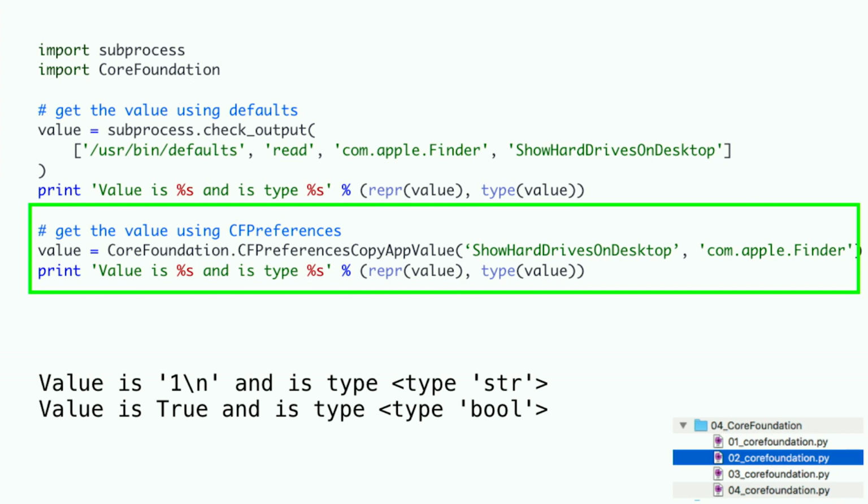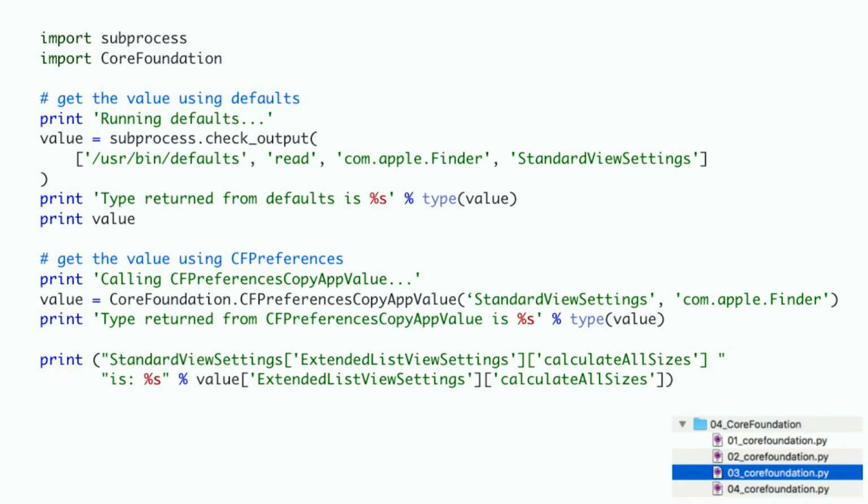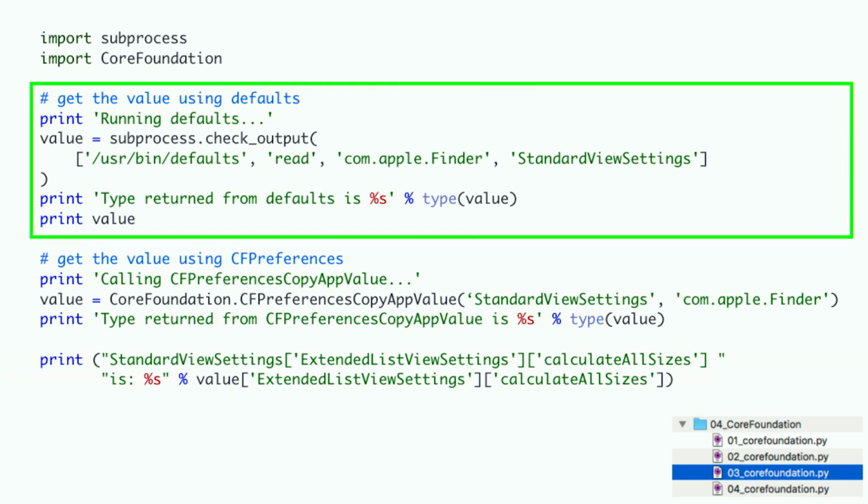So that's not hard. But what if the value returned from the preference is far more complex? Let's say in the Finder preferences, there's this thing called standard view settings. And let's look at that from reading it from defaults and reading it from CFPreferencesCopyAppValue. So first we're going to call defaults like we did before.